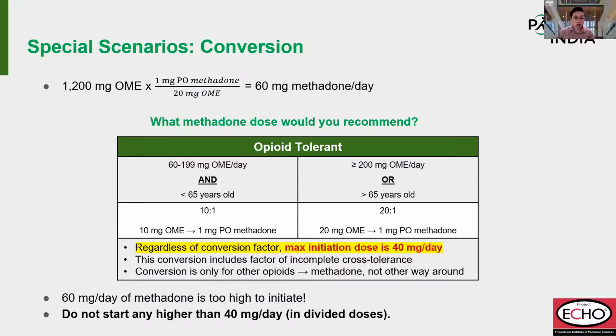So the main reason why the recommendation is this is because, remember, methadone is not a linear conversion, and there may be, because of that NMDA antagonism, reduced tolerance, so their requirements could go substantially down.